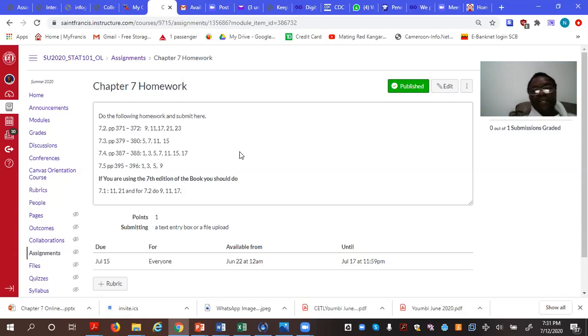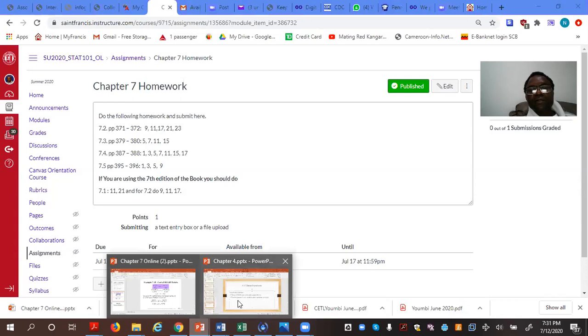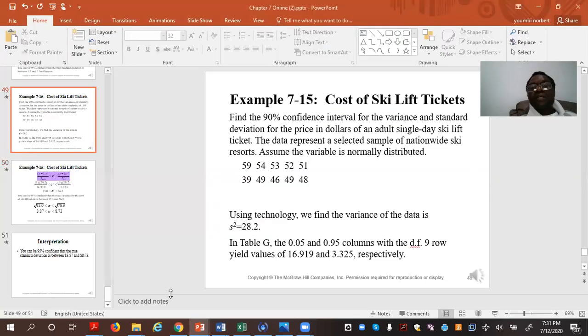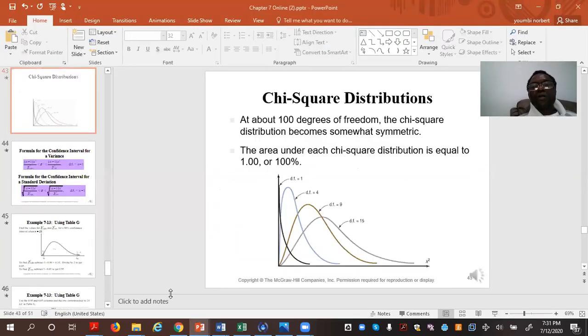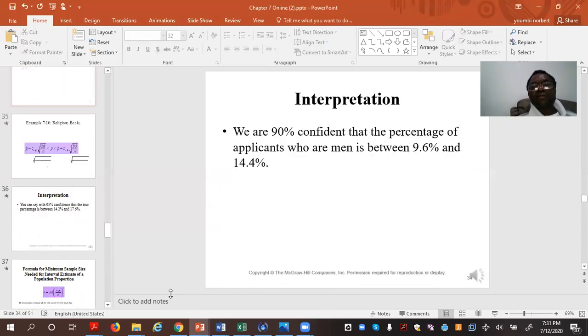So for 95% confidence, the Z alpha over 2 is 1.96.